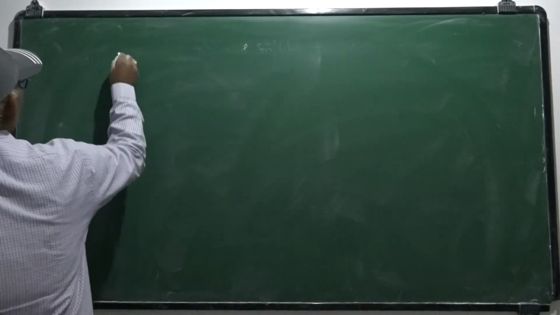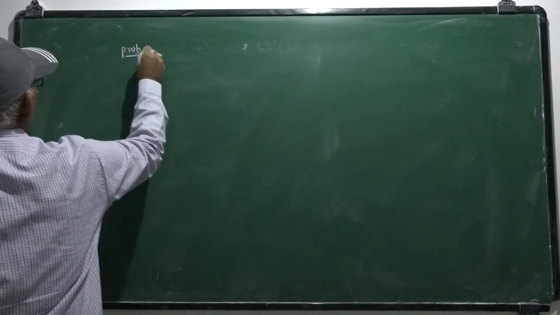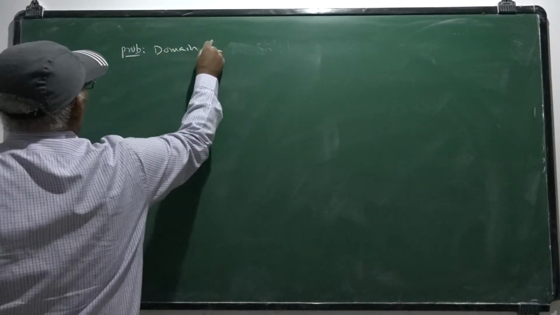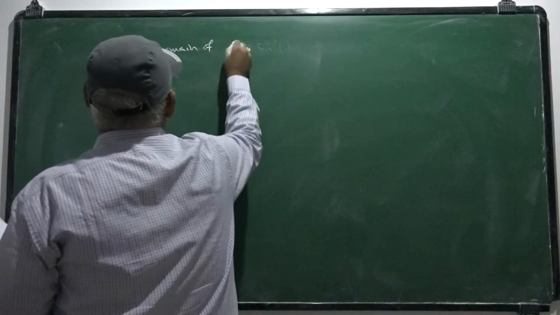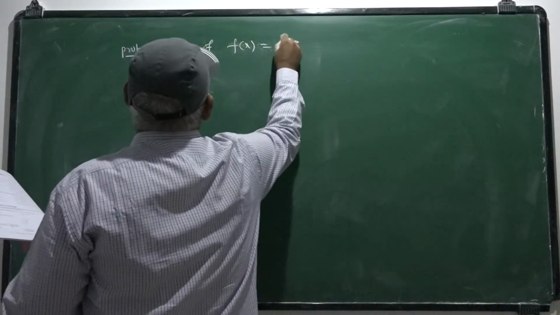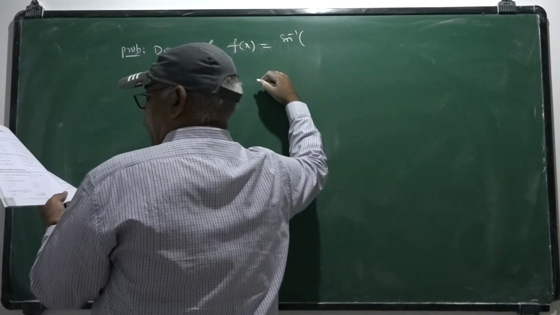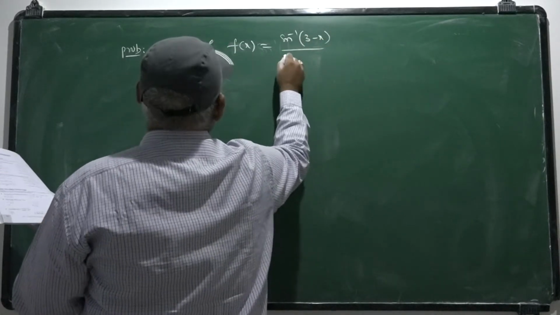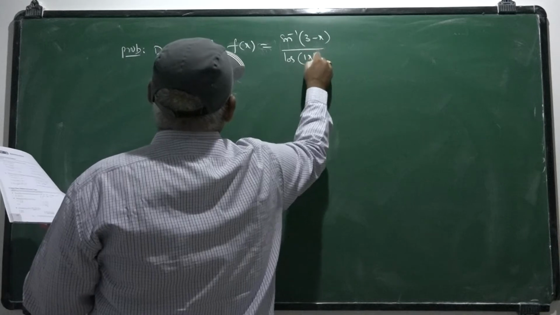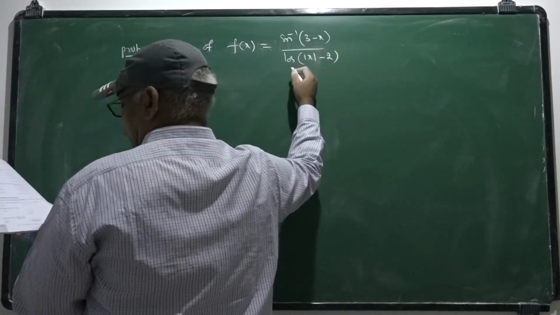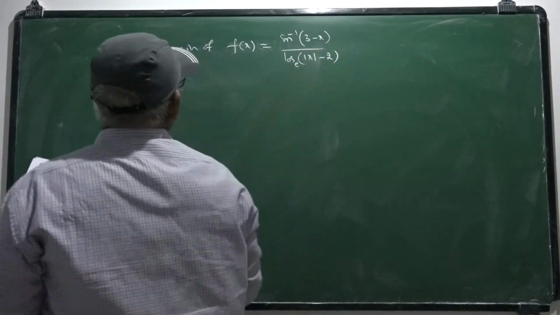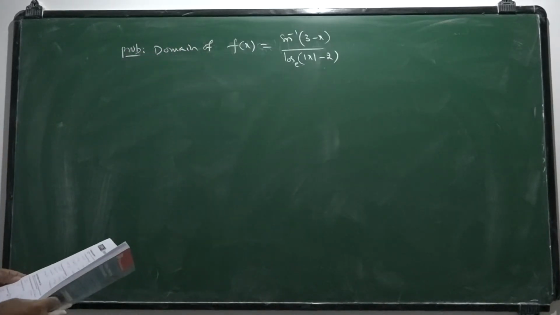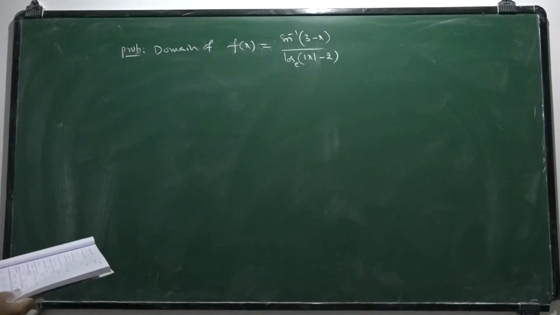Next one. Domain of f of x equal to sine inverse of 3 minus x, by log of mod x minus 2, to the base e.